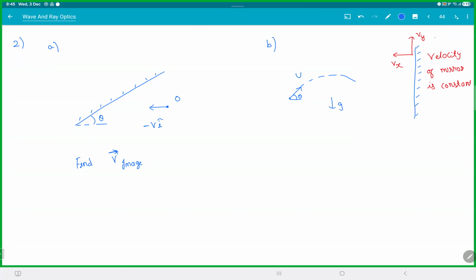Find the velocity of the image in both the cases. Right, Aditya. Yeah, the second one also.